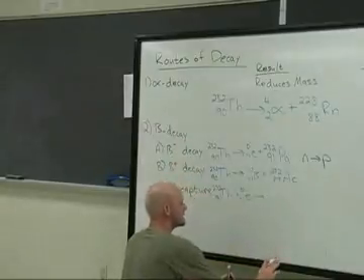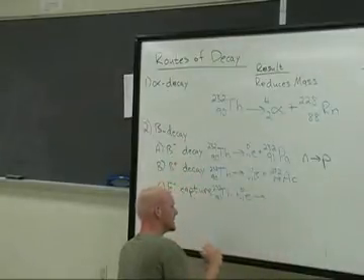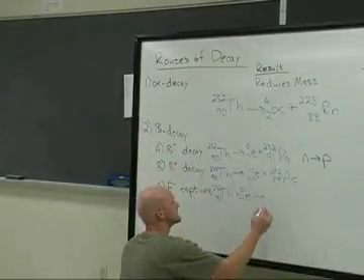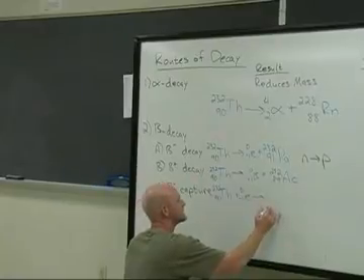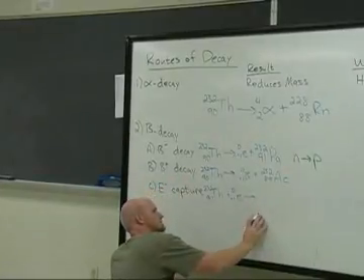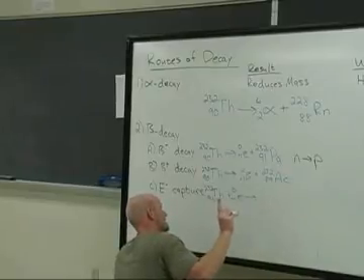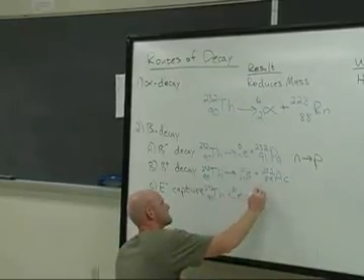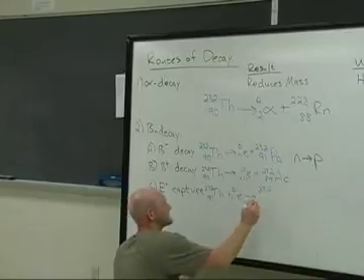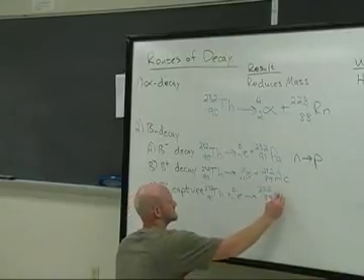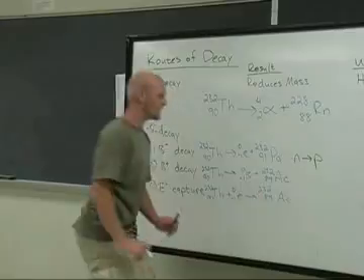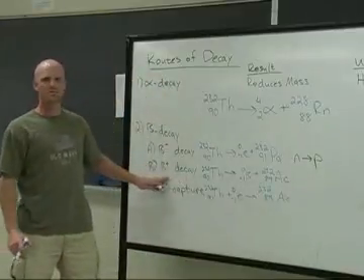What's our daughter nucleus going to look like? What's its mass number? 232. And atomic number? 89. Notice the same net result as our positron emission.